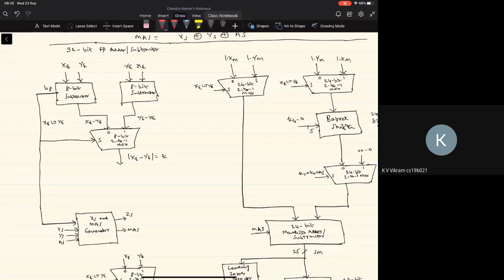It's 2n by L plus 2, where L is the number of bits in the CLA. Similarly, here L is the number of bits in the carry-look-ahead subtractor. So the output of this subtractor is going to be available at 6 tau. Even this bit will be available at 6 tau. Actually, it will be available at 5 tau itself. Doesn't matter really.